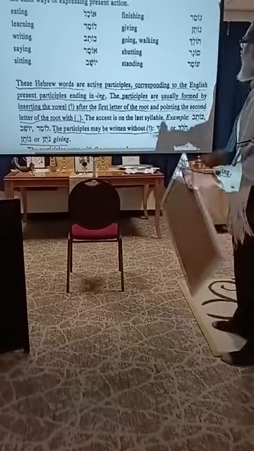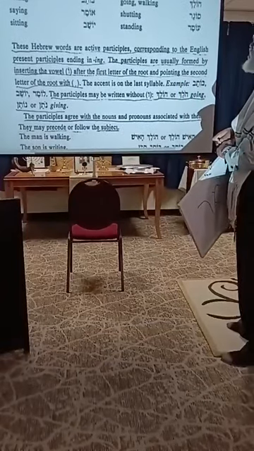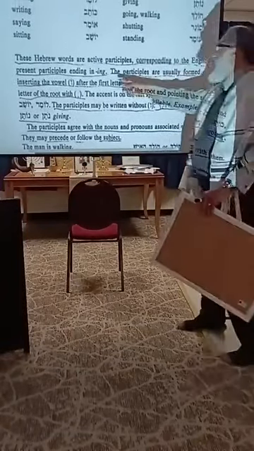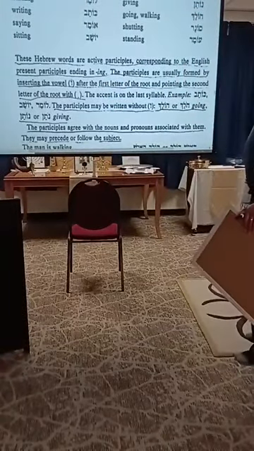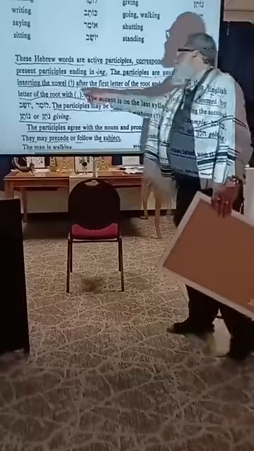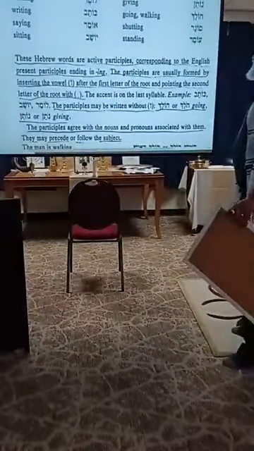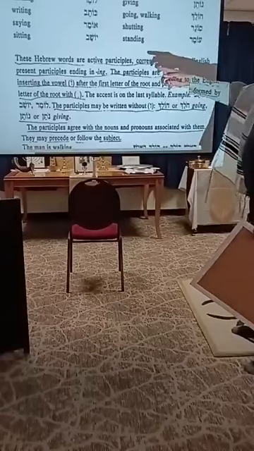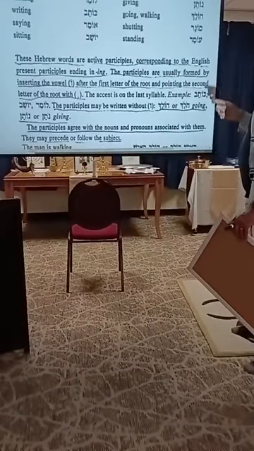These Hebrew words are active participles, corresponding to the English present participles ending in -ing. The participles are usually formed by inserting the vowel wav after the first letter of the root.